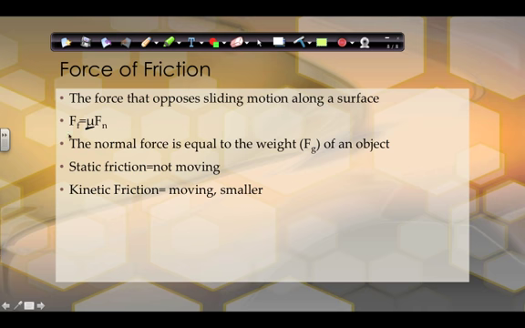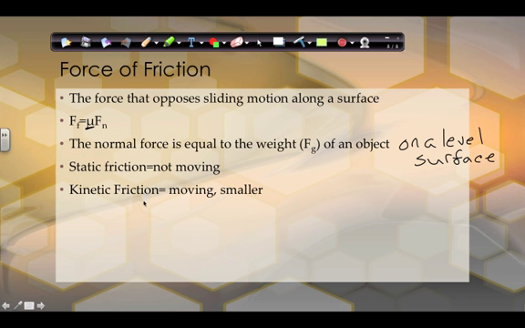Now this is the formula, but really the normal force is equal to the weight of an object on a level surface. So if it was on a ramp, this would not be true. If it was on a ramp, you'd have to look at your x and y components.